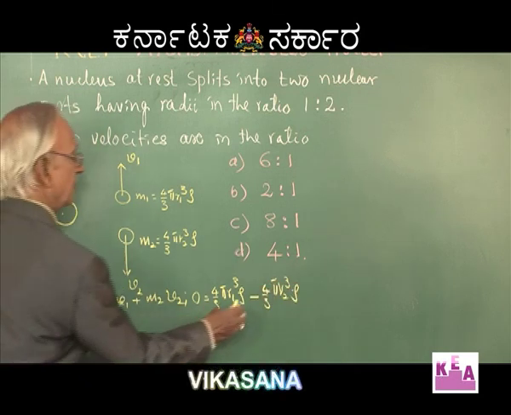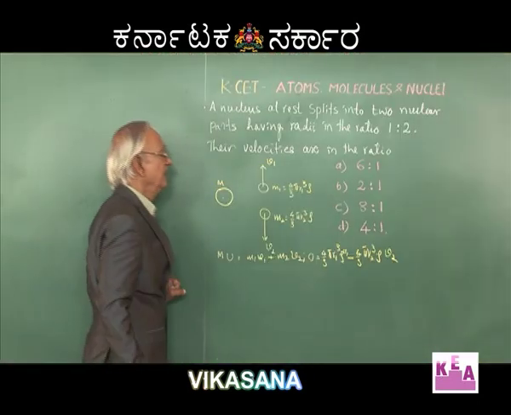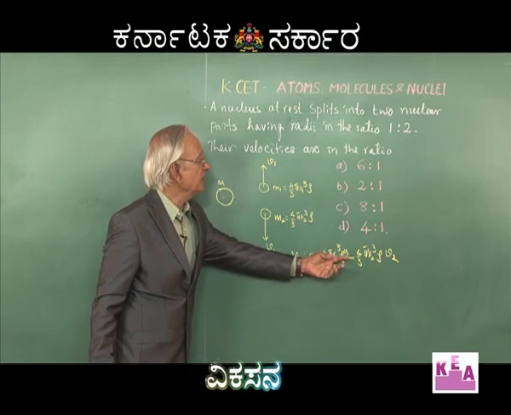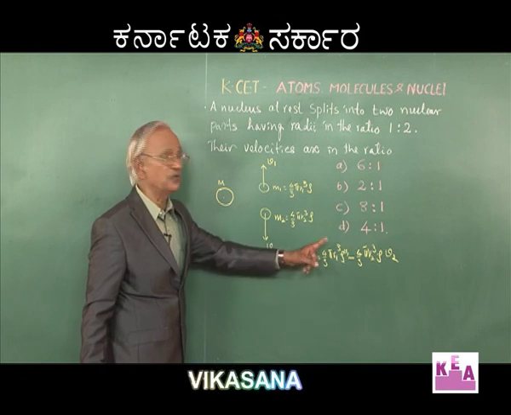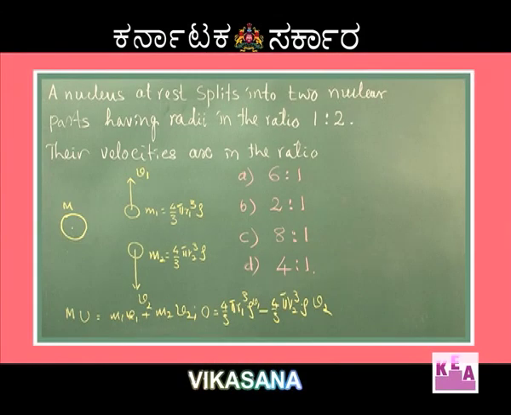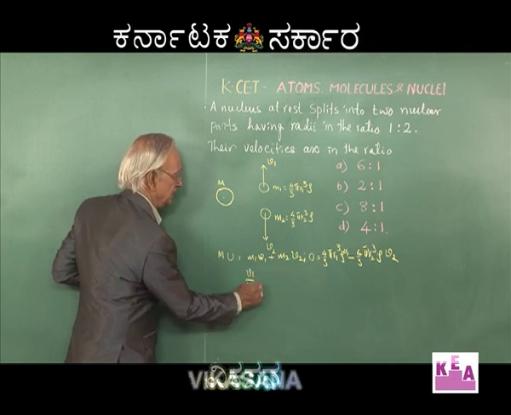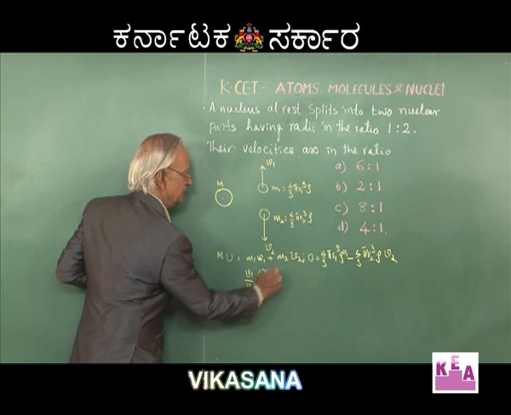And I forgot to write this v1 and v2 you should add. So, once you write this and equate them, so you will get v1 by v2 is equal to what? v1 by v2 is equal to r2 by r1 raised to 3.